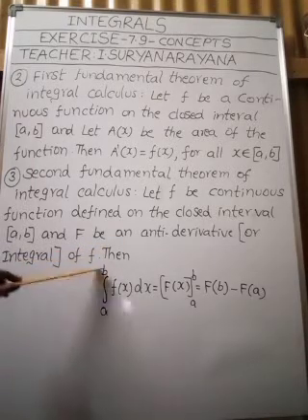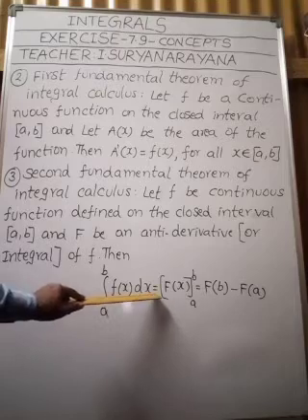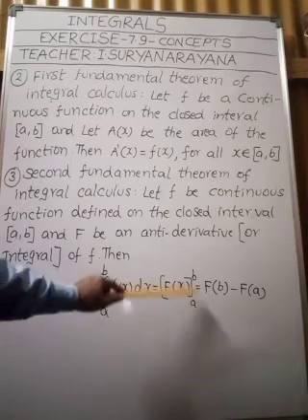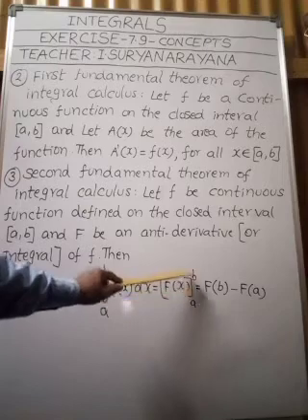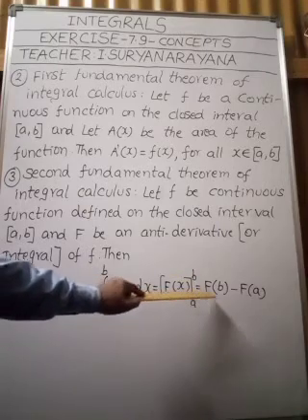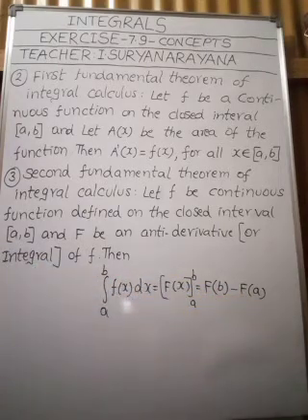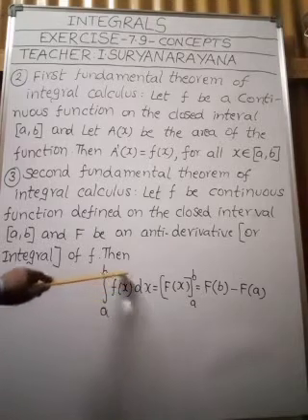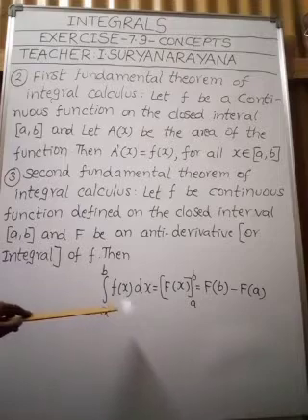Then the integral from a to b of f(x) dx is equal to F(x) from a to b, that is F(b) minus F(a). I will explain how to evaluate the definite integral of this function.